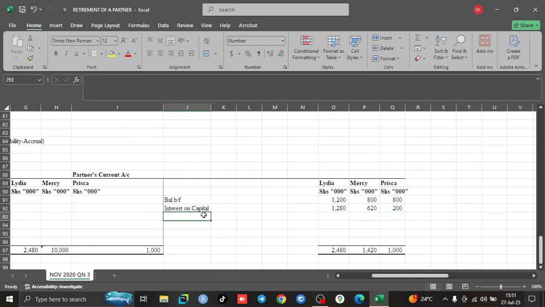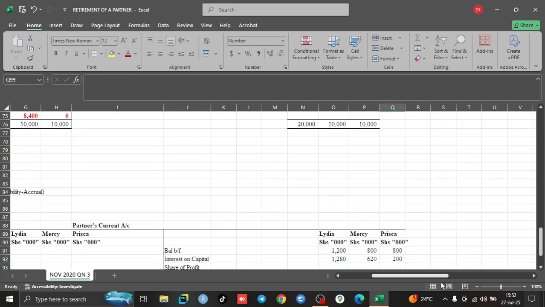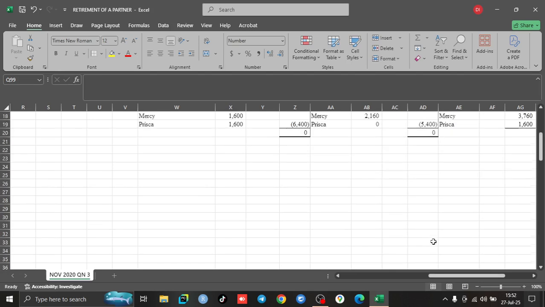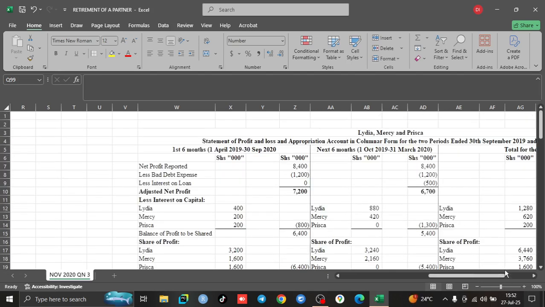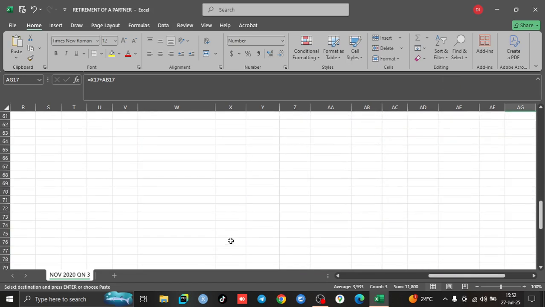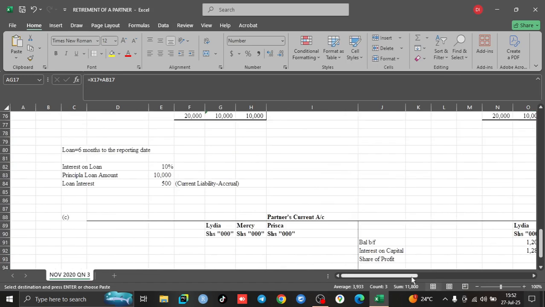Okay, now our share of profit is 6440. That's 760 and 1600. Can I transpose them? Let me see. I think it's possible to transpose them.